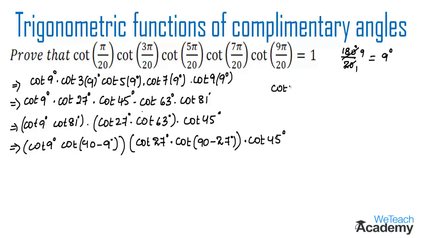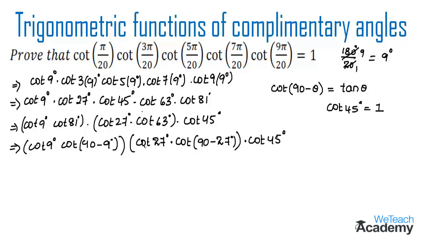Here it is in the form of cot(90 minus theta). 90 minus theta lies in the first quadrant and 90 is an odd multiple, so cot becomes tan, and we get tan theta. We already know the value of cot 45 degrees is equal to 1.